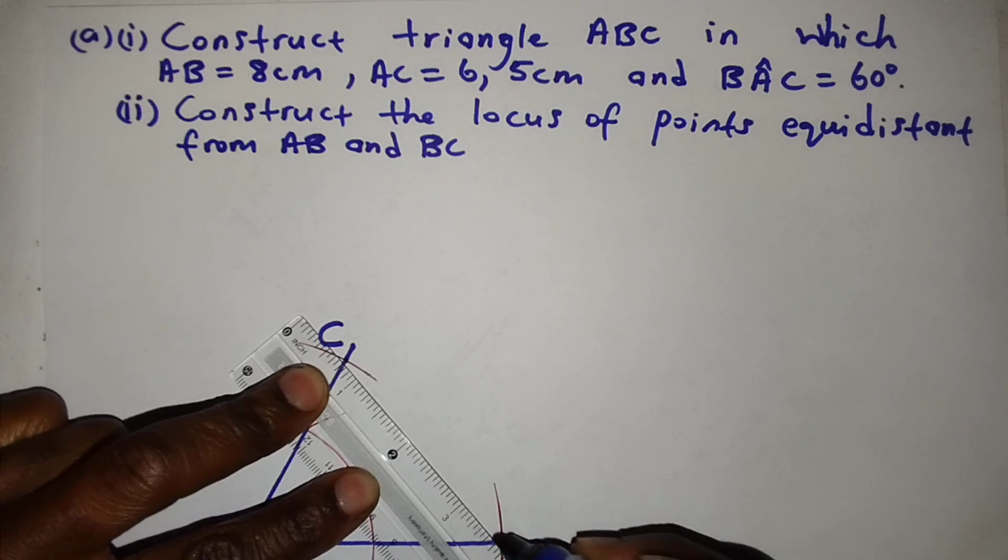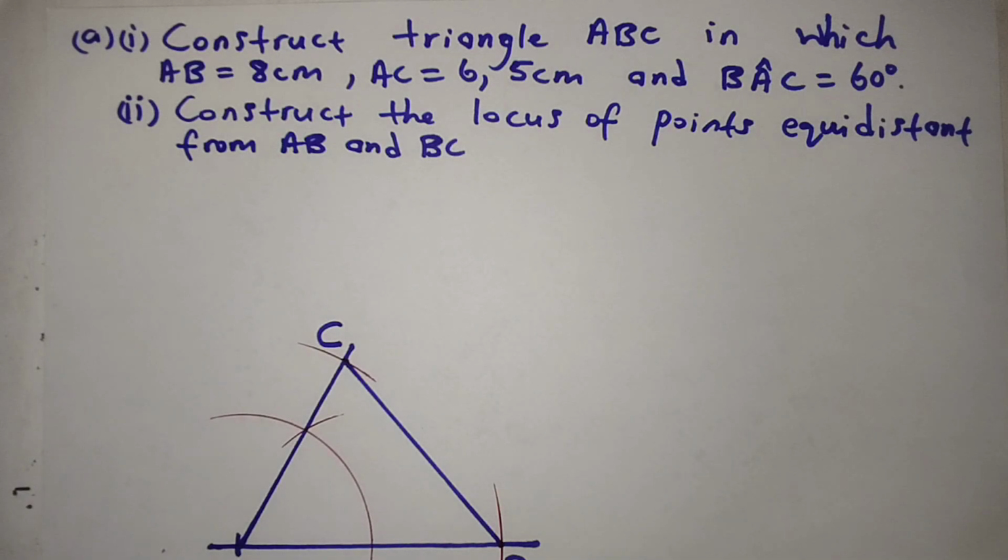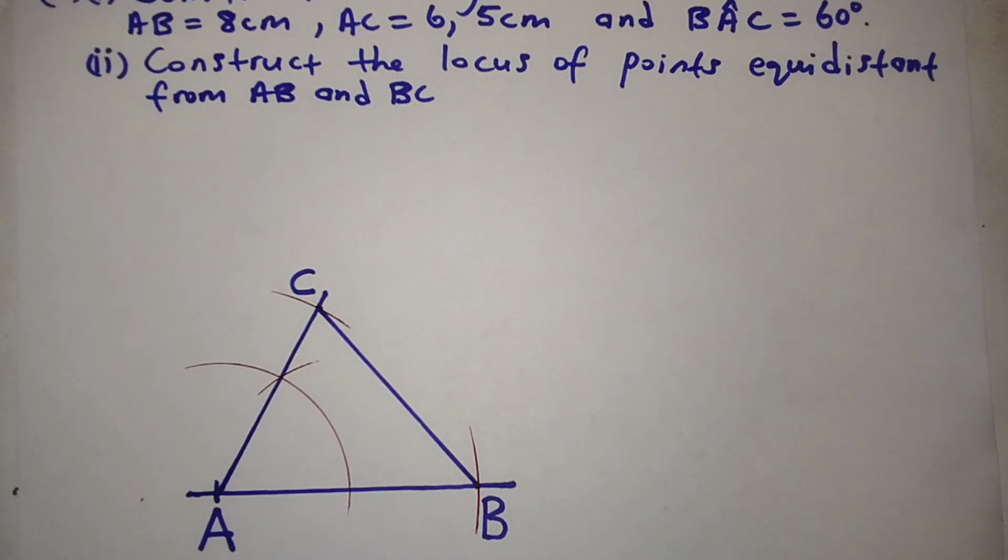So in the exam, they don't tell you to join these 2 points so that you can come up with a triangle. So you have to know that for you to have a complete triangle, you have to join these 2 points B and C.